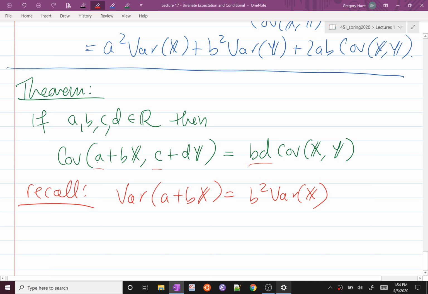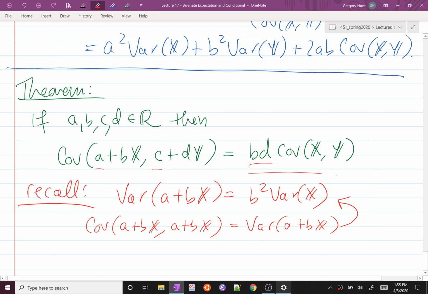Notice that if I look at the covariance of A plus BX with A plus BX, this is the variance of A plus BX, which is exactly what we get above, right? And that comports exactly with our formula.